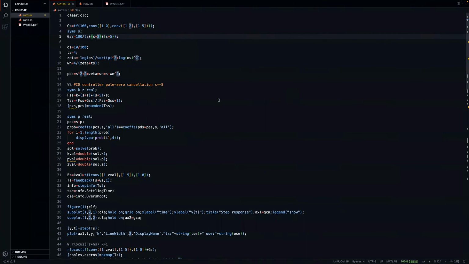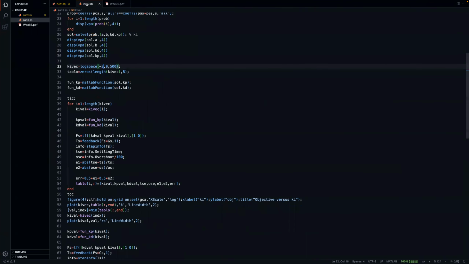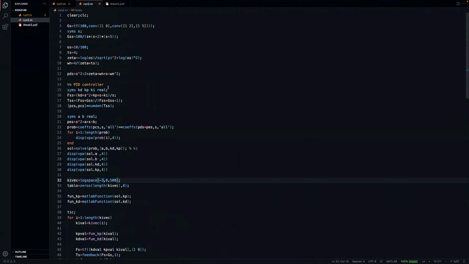Now, when we design a PID controller, this run-to script here is quite a good example of how we design a PID controller numerically, because we reduce the whole problem from a three-dimensional space into just one-dimensional space, which is quite powerful.